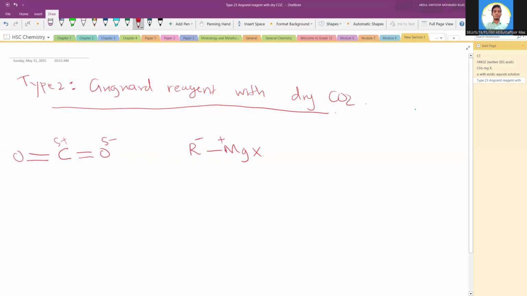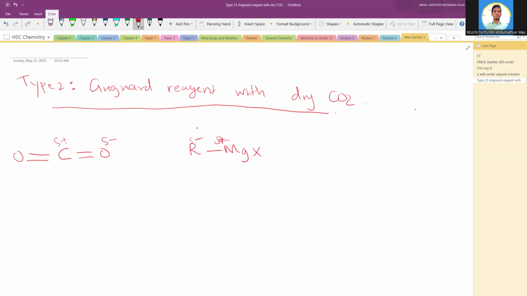So that would be delta positive, and on the R group delta negative, because carbon will tend to attract the electrons towards itself. So magnesium will encounter a positive charge environment, and the hydrocarbon R group will have a negative charge.